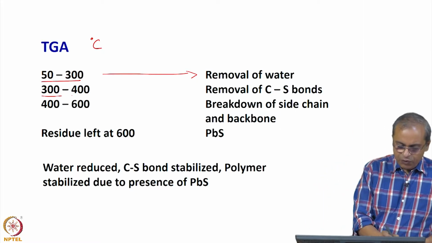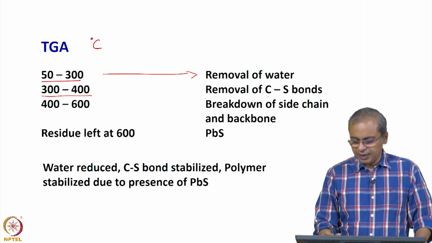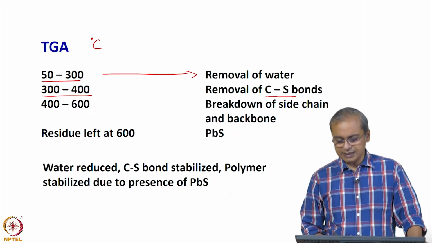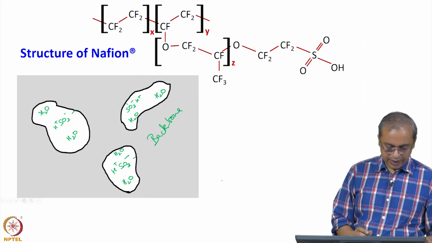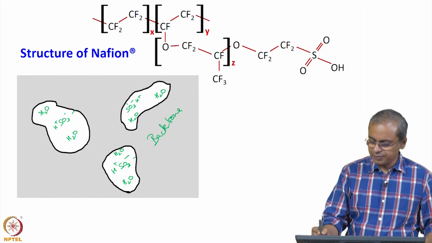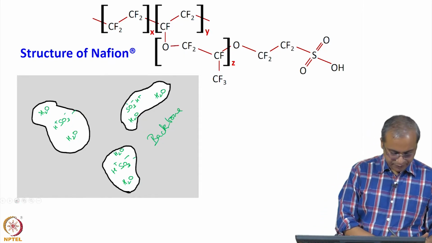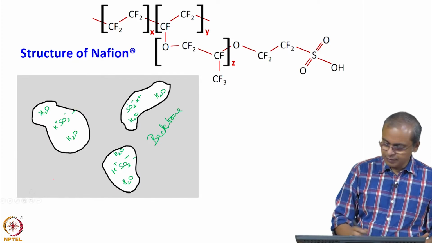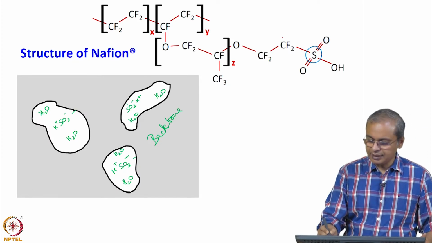Then between 300 and 400 degrees centigrade, you have breakdown or removal of these CS bonds, which is what you see here: the bond between the S that is here and the C that is here.